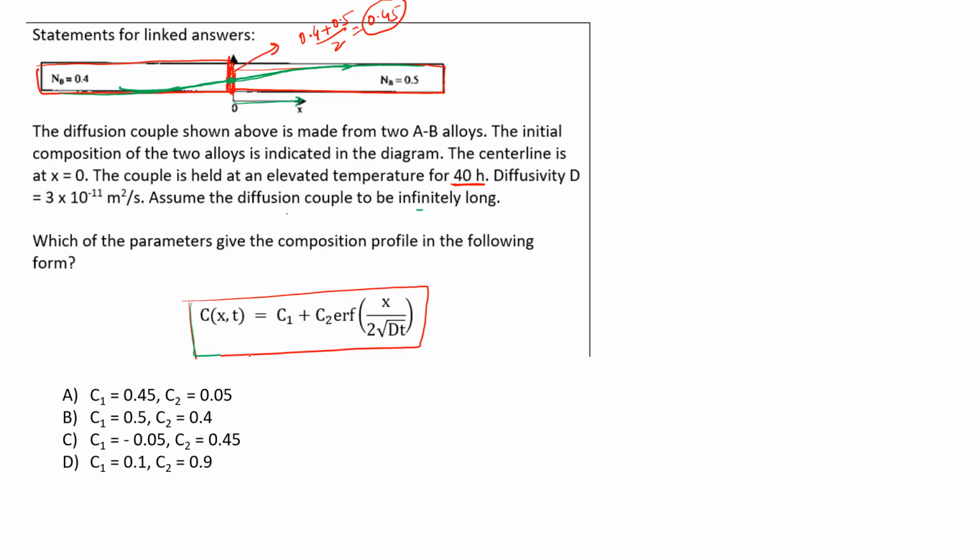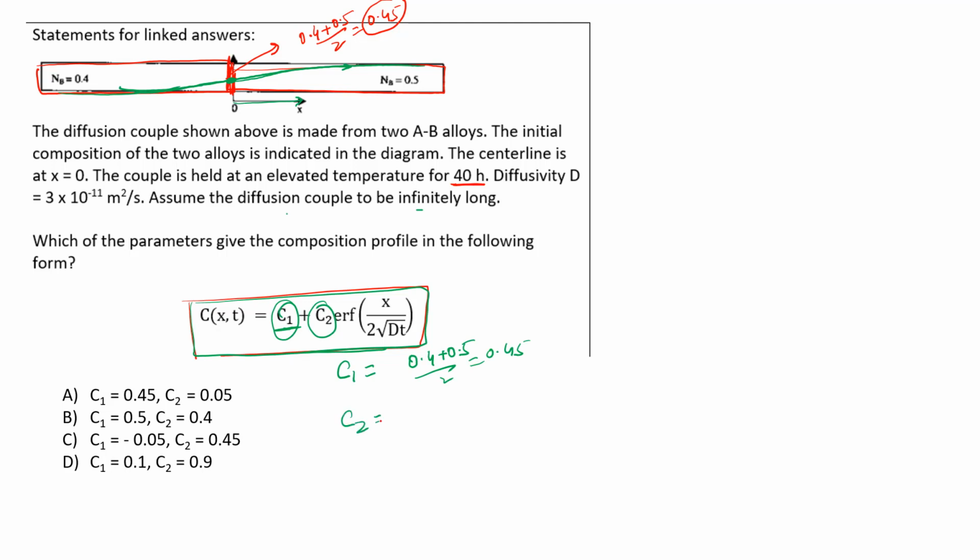So for that purpose the equation has been said like C(x,t), that is for particular x with time t, equal to C1 plus C2 error function x by 2 root Dt. So C1 is some constant, C2 is another constant. So for this type of thing, C1 is always the average of this. So here it will be 0.4 plus 0.5 by 2, that is 0.45.